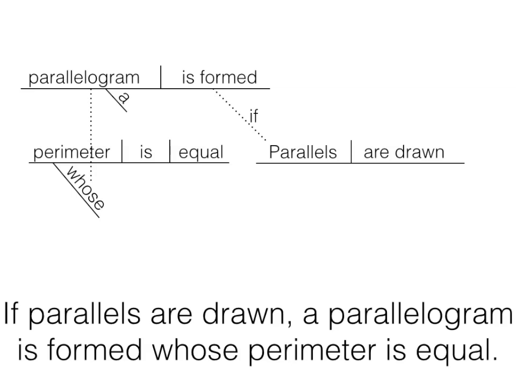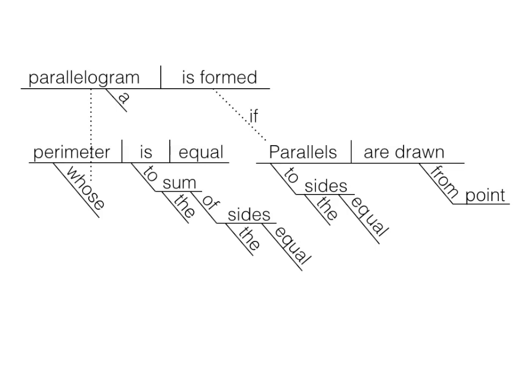Now when we hang on some prepositions, we get this. So notice the if part, I don't have all of that clause there. I'm going to have it on the next slide. I couldn't fit it on this one and have it still be big enough to see. But notice we've got if parallels are drawn, and so on and so forth, comma, a parallelogram is formed, this at the top, and then whose perimeter is equal to the sum of the equal sides.